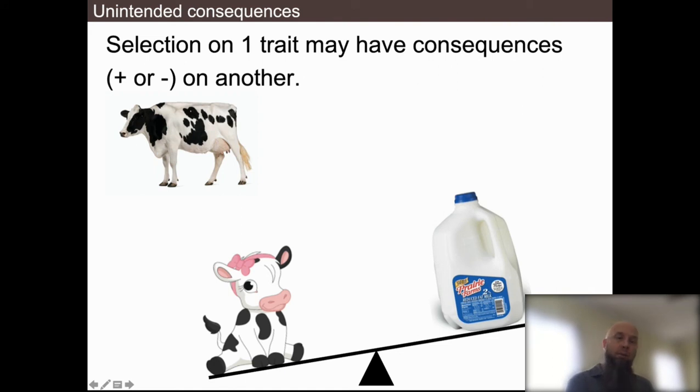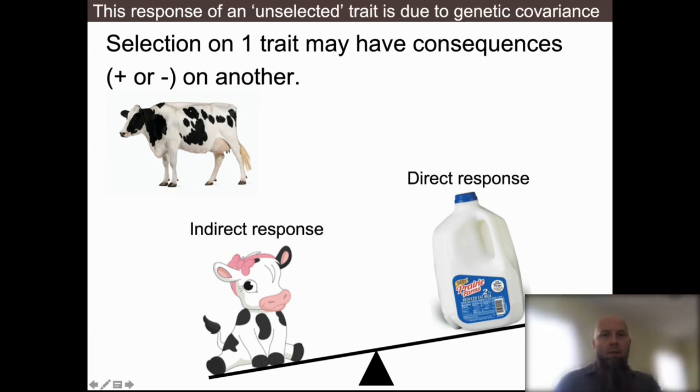It turns out the cows are less and less fertile, okay? So there's a balance. You're getting one benefit, but there's also a detrimental aspect to that selection regime. So the direct response is this increase in milk production. The indirect response to selection is a decrease in fertility, right?